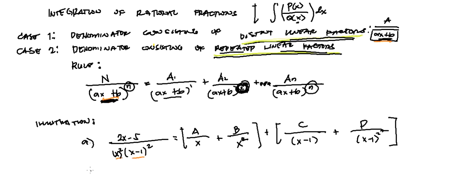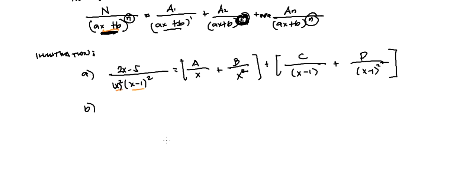Another illustration: say we have 2y all over y minus 2 cubed.